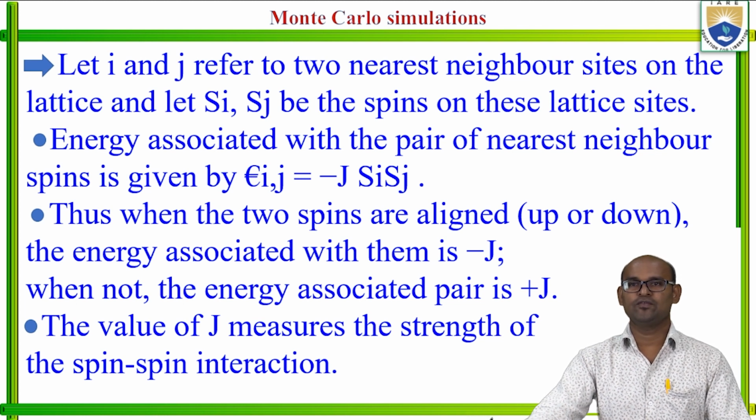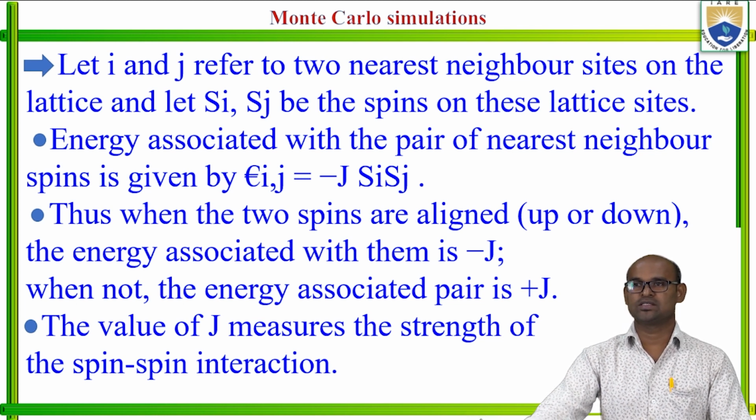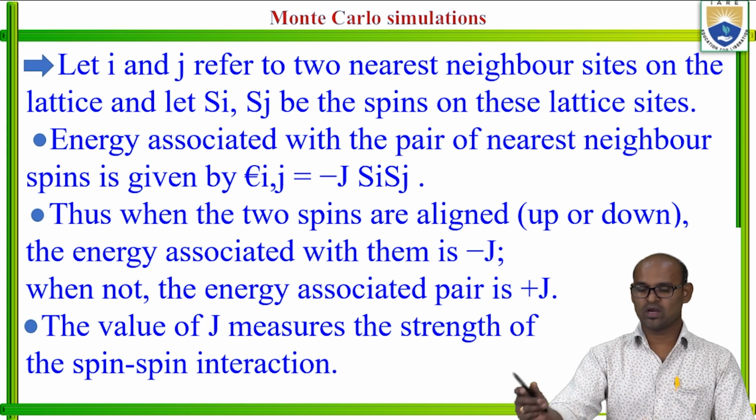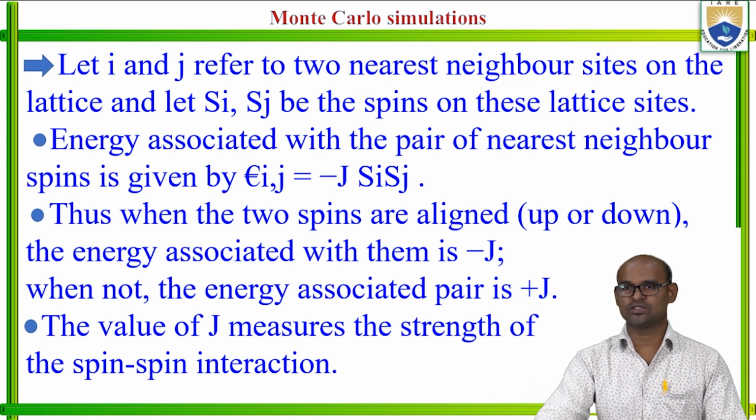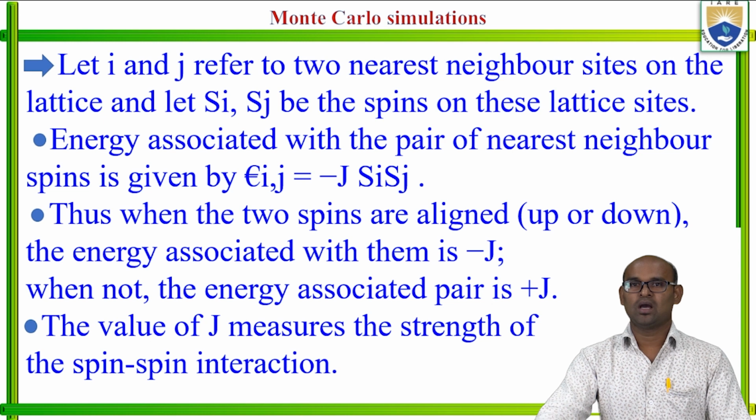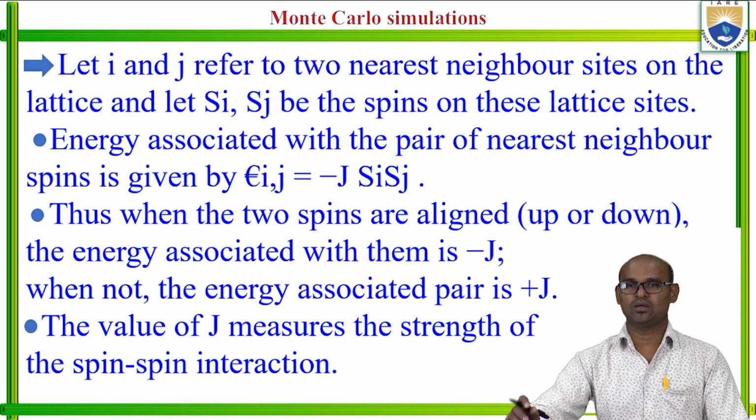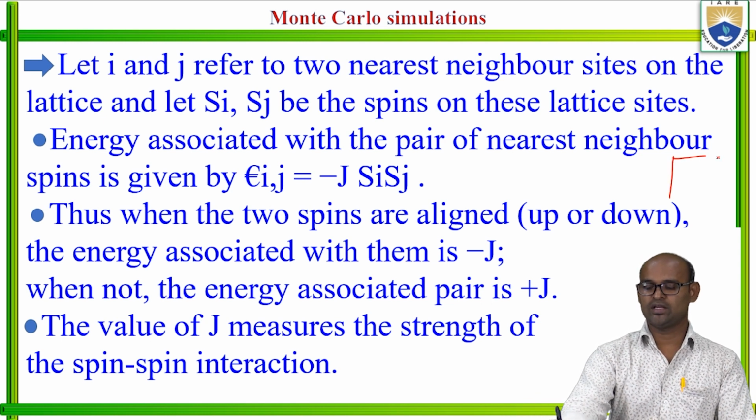So let i and j refer to two nearest neighbor sites on the lattice. As I mentioned, we are going to take a 2-dimensional lattice. When I say 2-dimension, I need two indices, one for row and one for column.